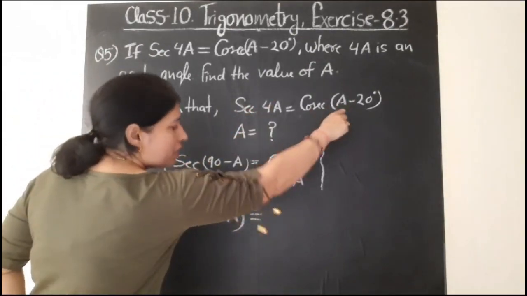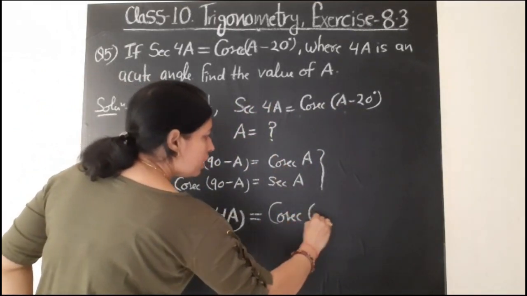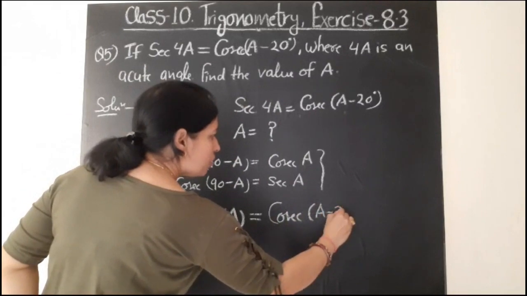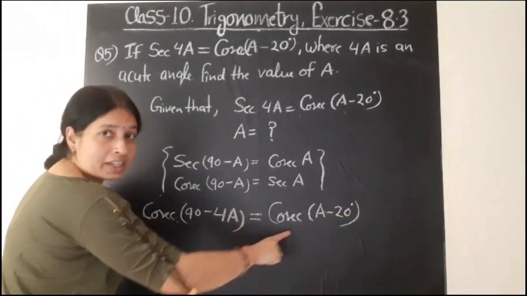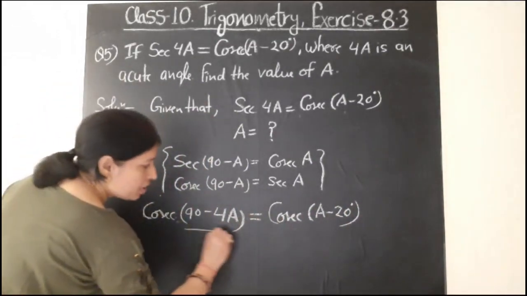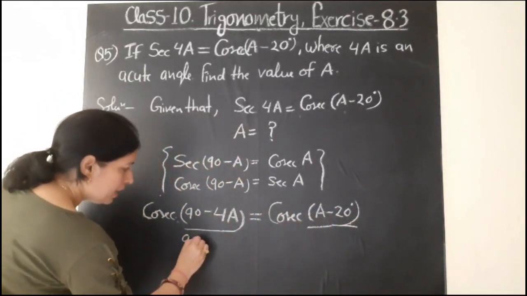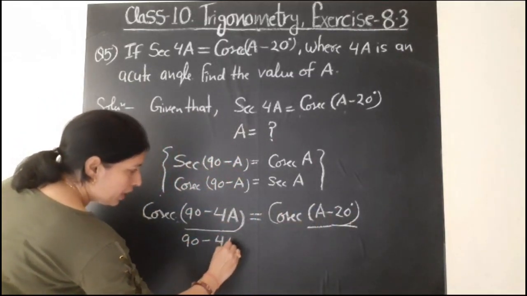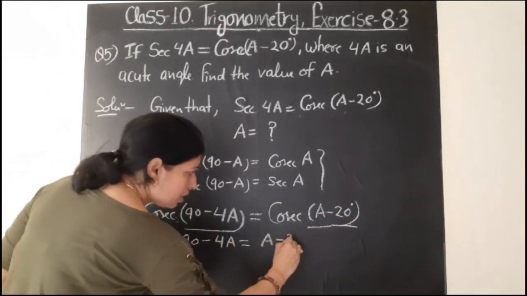And write this one as it is: cosec A minus 20 degrees. Now both are in the same form, cosec and cosec. So you can compare these two angles. So it will be 90 minus 4A is equal to A minus 20 degrees.